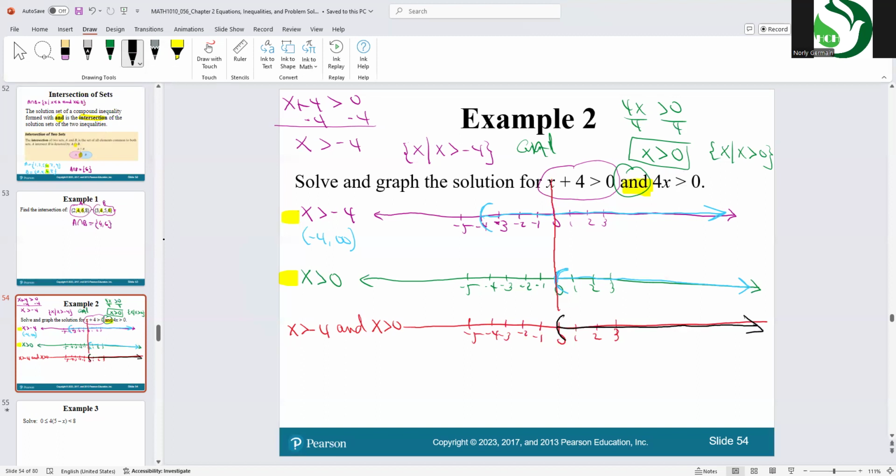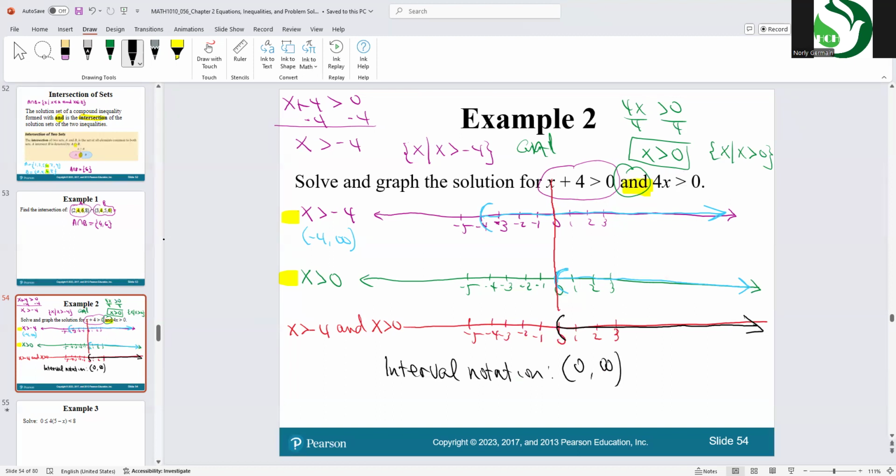So that's the compound inequality containing "and". For this one, the solution in interval notation would be 0 to infinity, and that will be the answer for this compound inequality.